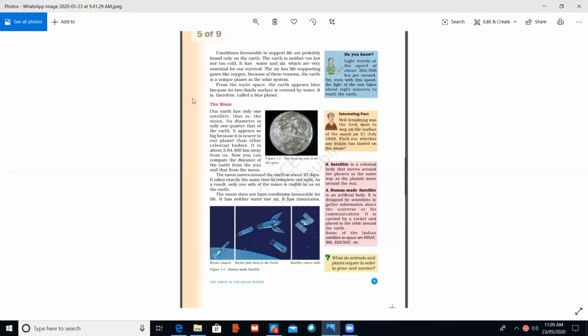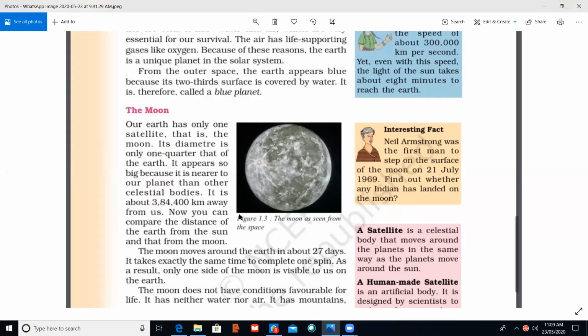Coming back, now we have the moon. Our Earth has only one satellite, that is the moon. Its diameter is only one-fourth that of the Earth. It appears so big because it's nearer to the Earth than other celestial bodies.